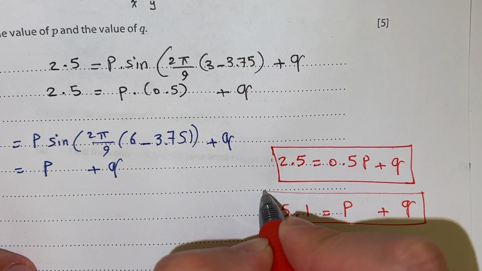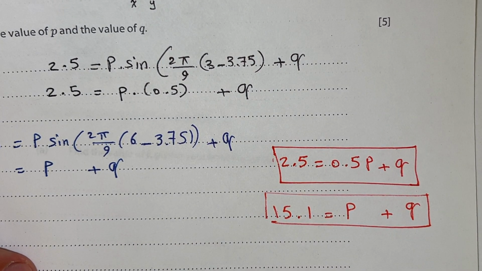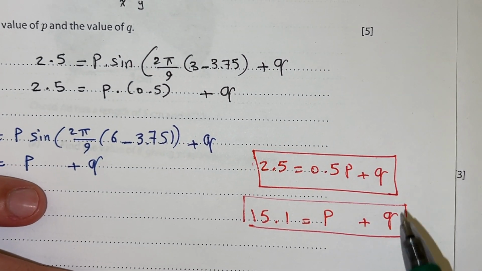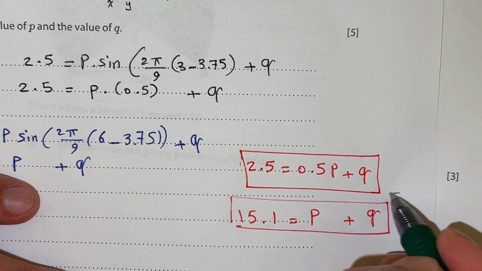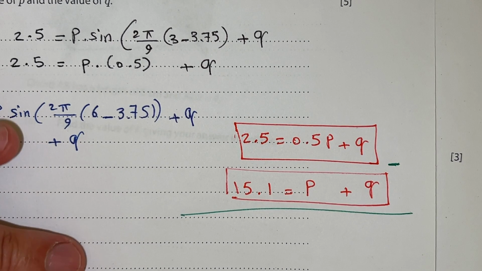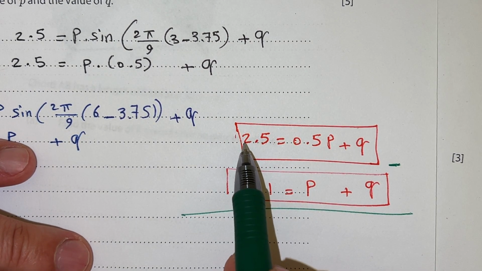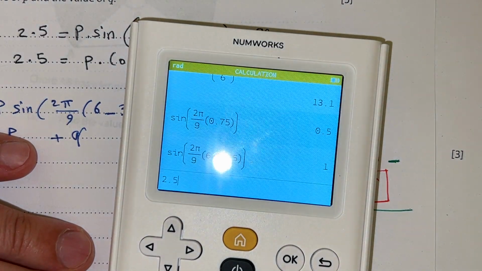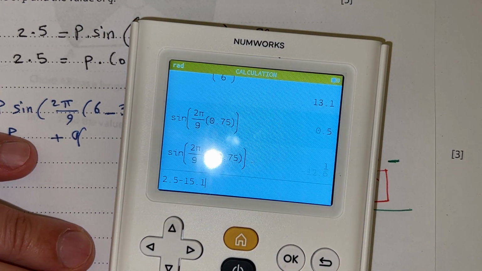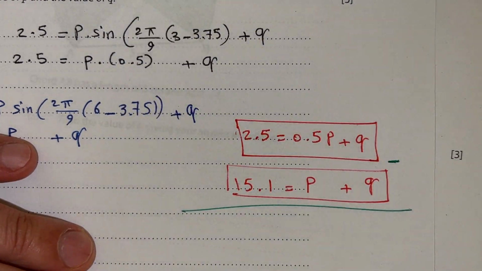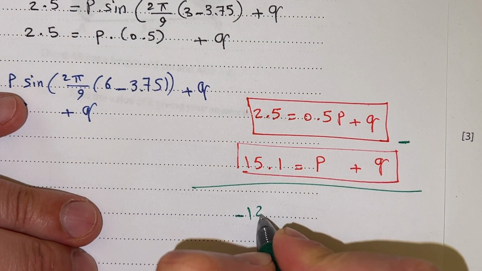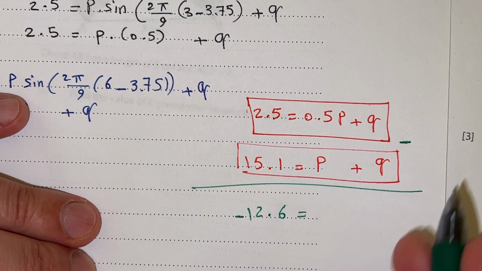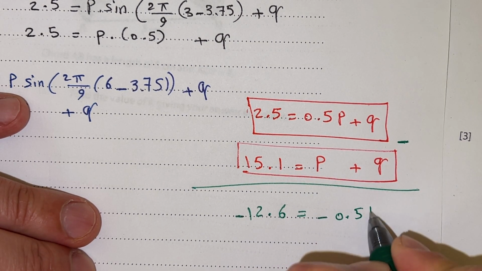How can I solve a system of two linear equations? If you notice, both of them have q. So if I subtract them from each other, q will vanish. How much is 2.5 minus 15.1? Negative 12.6. How much is 0.5p minus p? Negative 0.5p.